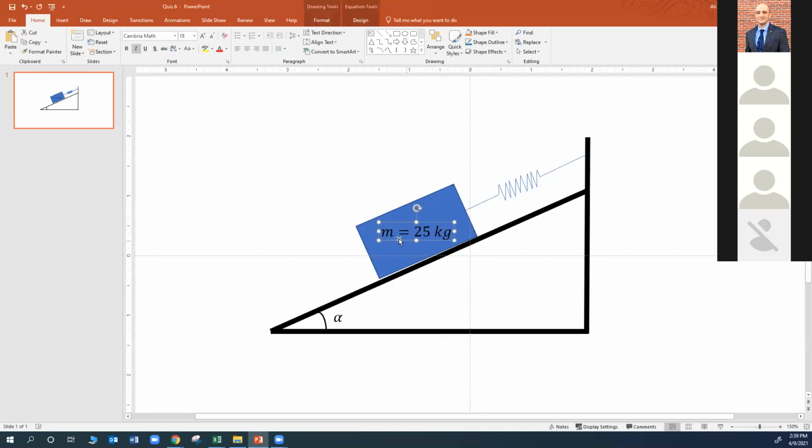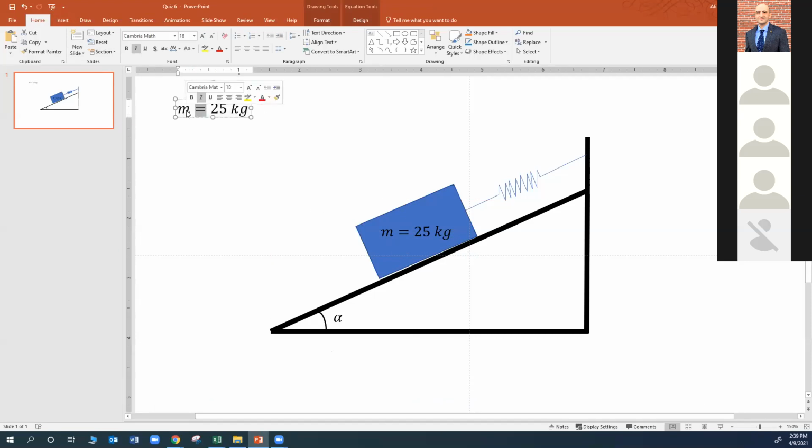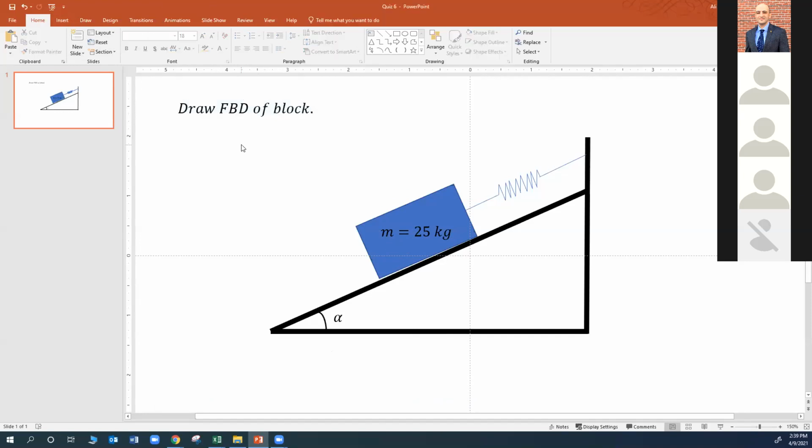I don't want you to solve anything. It's on an inclined surface of angle theta and is connected somewhere with a spring. All you have to do is draw a free body diagram of the block.